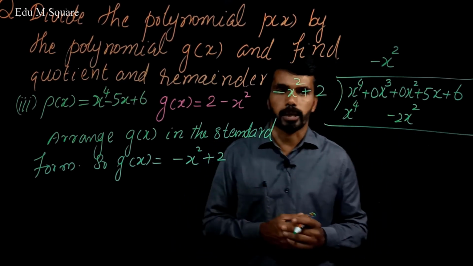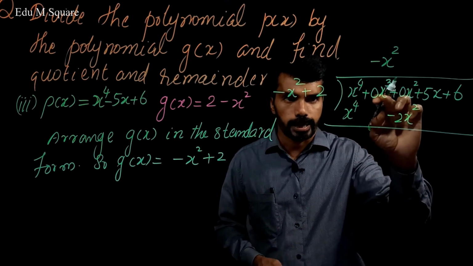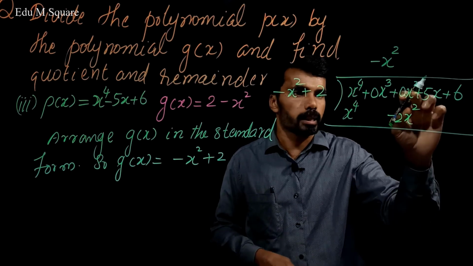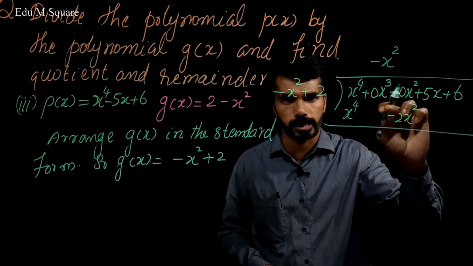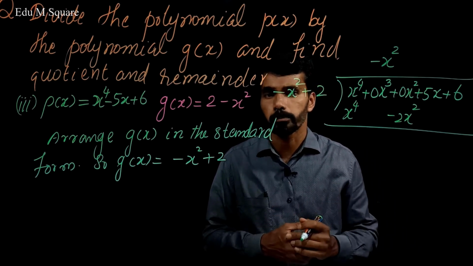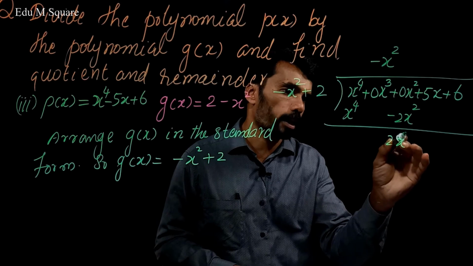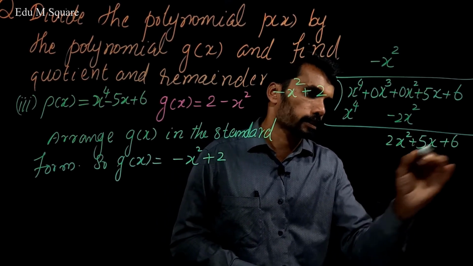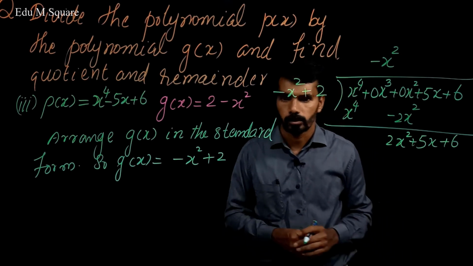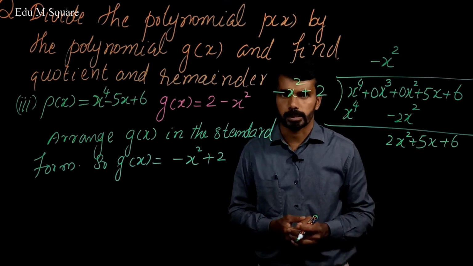Next, subtract. So x raised to 4 minus x raised to 4, 0. 0x cube, there is no need to write. Then 0x square minus minus 2x square, this minus of minus becomes plus, so this becomes 2x square, then plus 5x plus 6. This is the remainder. Okay, what remains? 2x square plus 5x plus 6.